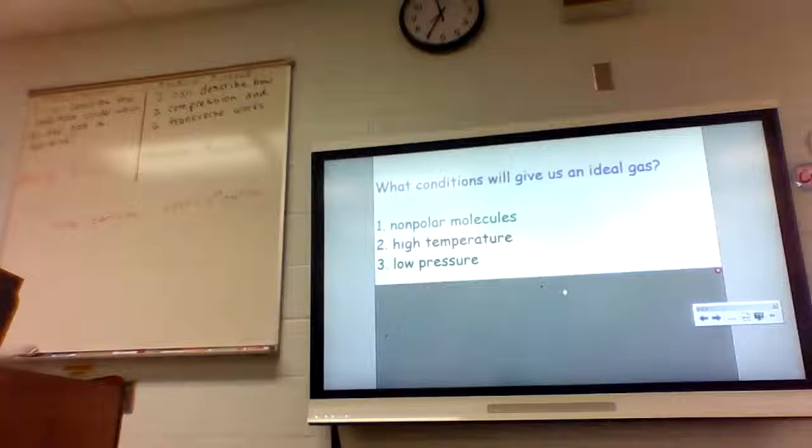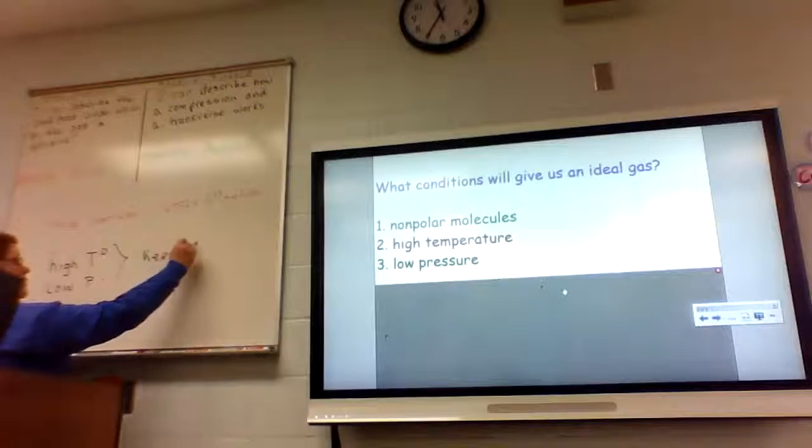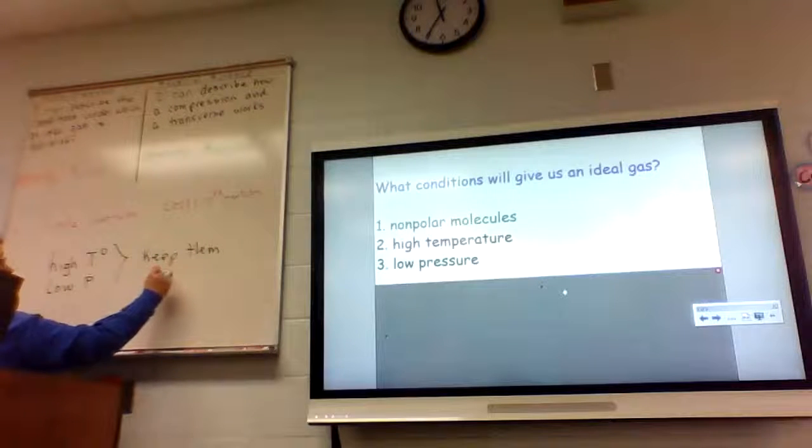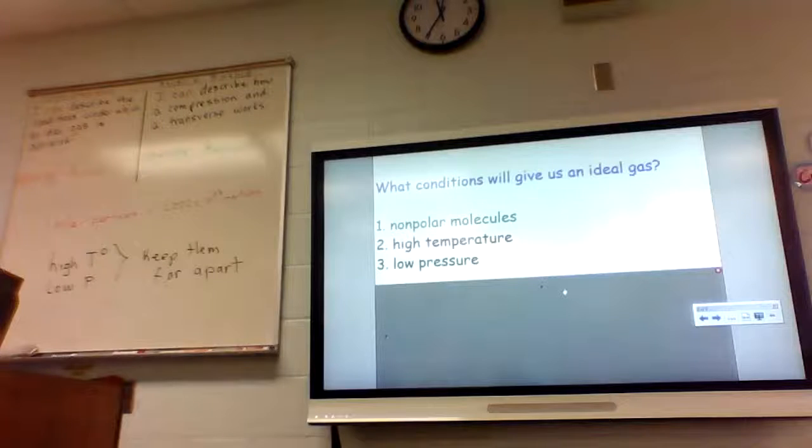Now, aside from the fact you don't want them to attract, how can you keep them from attracting? Hold them apart. You want them to stay far apart. So that's the point of the high temperature. The high temperature and the low pressure keep them far apart. You keep them moving, and the low pressure keeps them from getting close together.